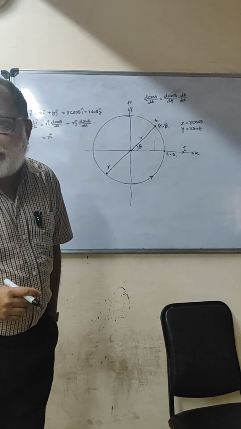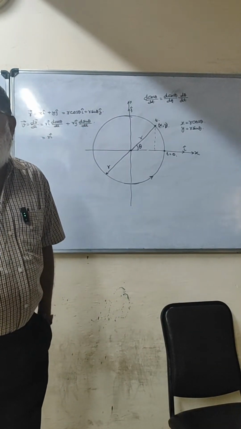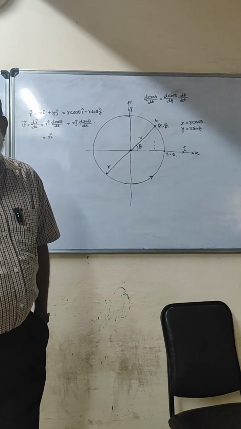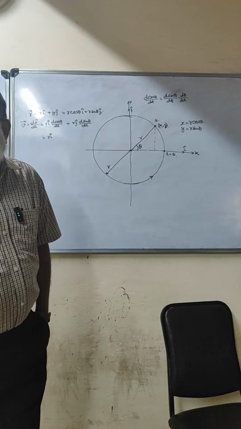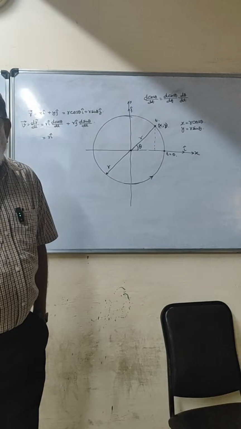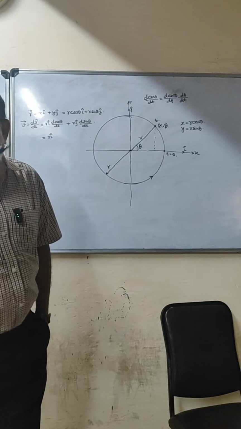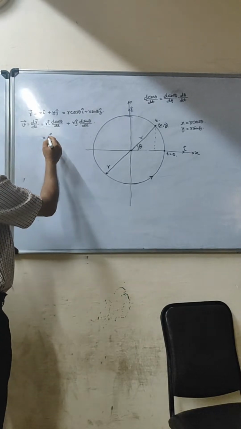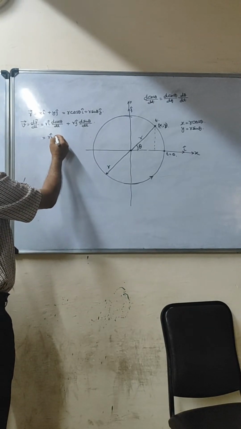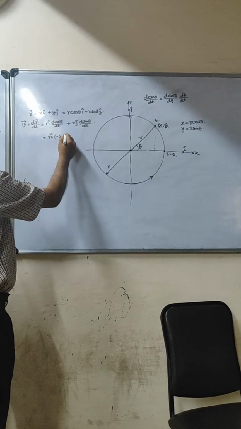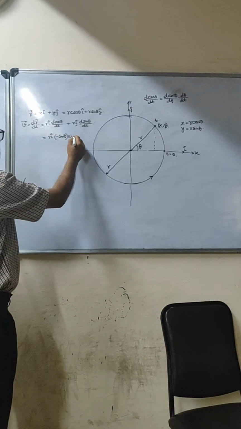Clear? And now d cos theta by d theta is minus sin theta. And d theta by dt we call it omega, the angular velocity, isn't it? Clear? So I can write it as r i hat minus sin theta into omega.